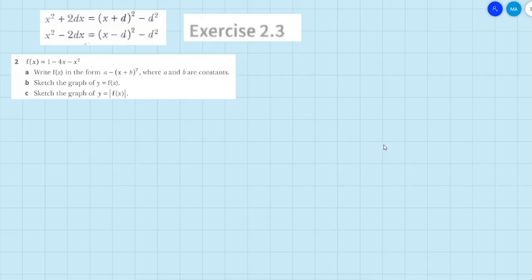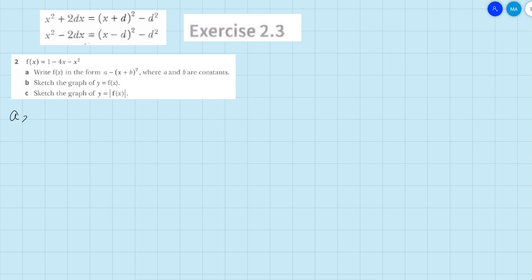Question number 2 is f(x) equals 1 minus 4x minus x square. Part A, write f(x) in the form a minus (x plus b) whole square where a and b are constants. Students, this part is not new for you.